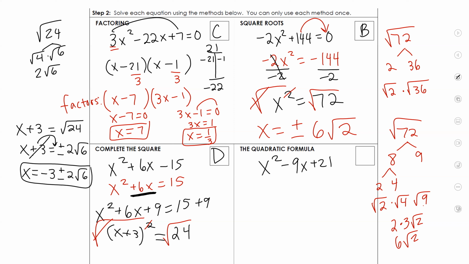And then finally, the quadratic formula. So what was the discriminant when y'all did it? What's b squared minus 4ac? Negative 3. Okay, so that means my quadratic formula is x equals negative b, which will be 9, plus or minus the square root of the discriminant, negative 3, all over 2 times a, which is just 1.